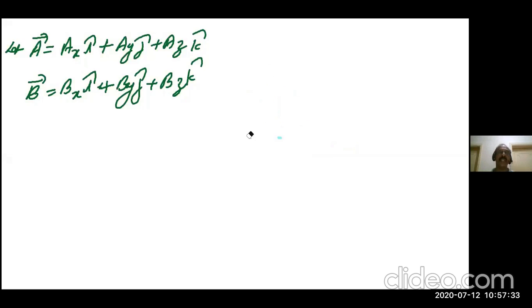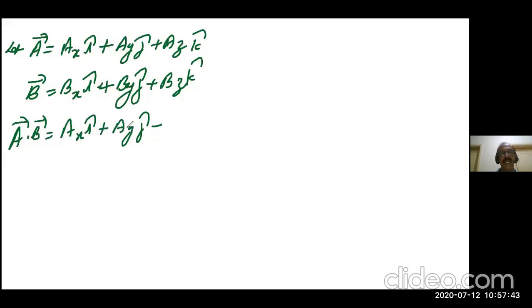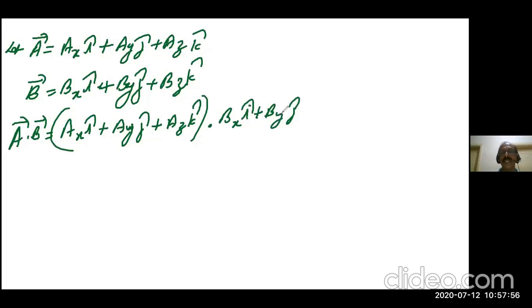That's the three components. Now we can say A dot B is equal to (AXI plus AYJ plus AZK) dot (BXI plus BYJ plus BZK).